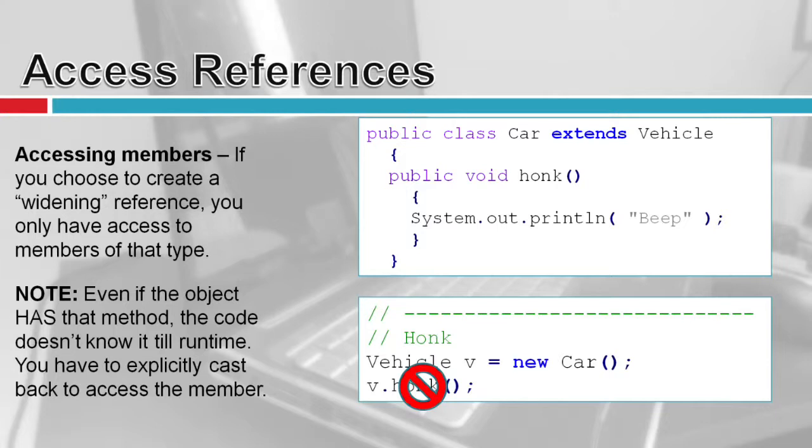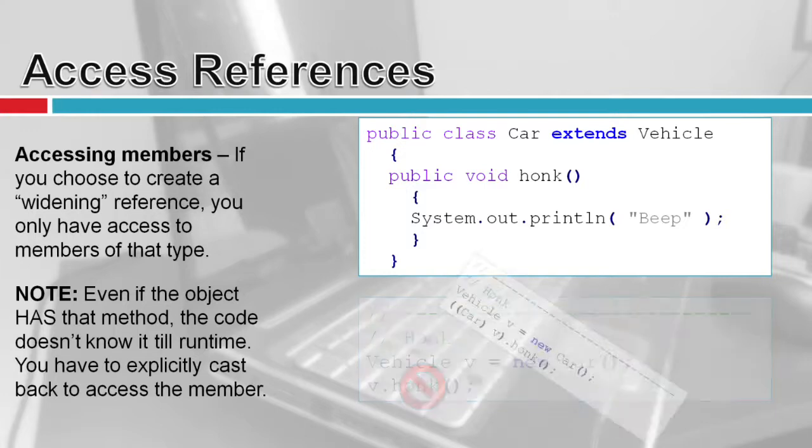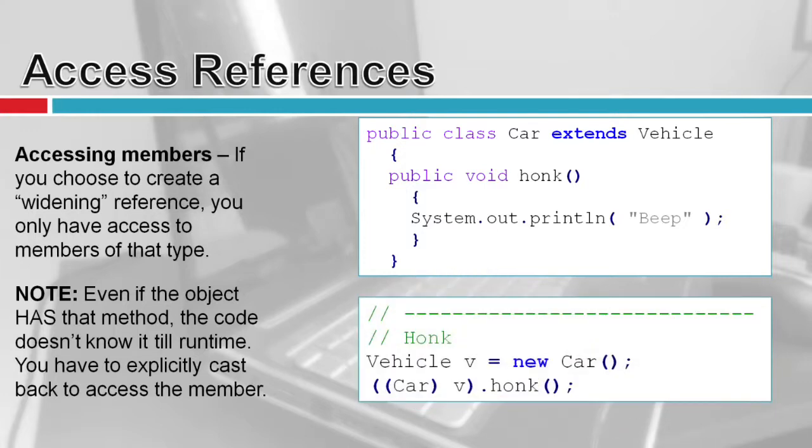So even if the vehicle is a car, if you try to call honk, it won't work. If you want to do this, you explicitly have to cast it to a car. So we're saying this vehicle V is a car, and I want to call car's honk function.